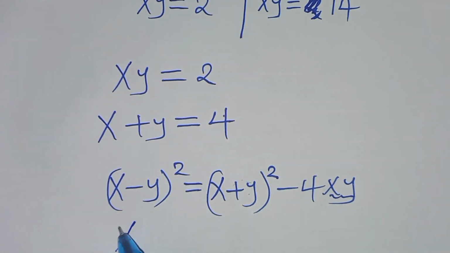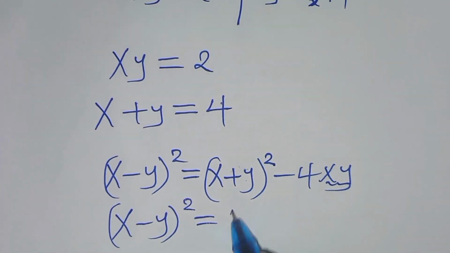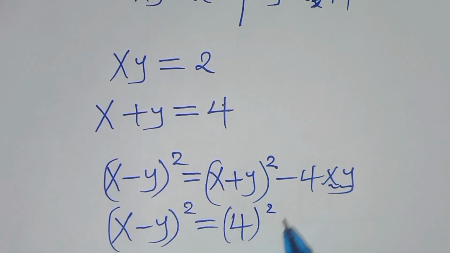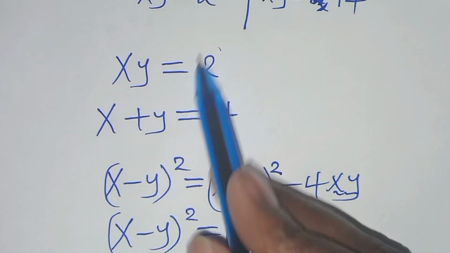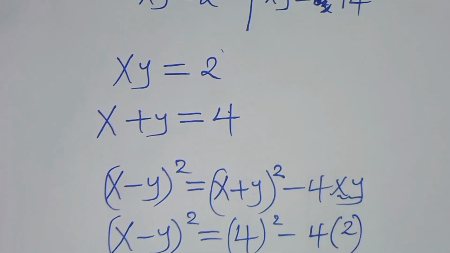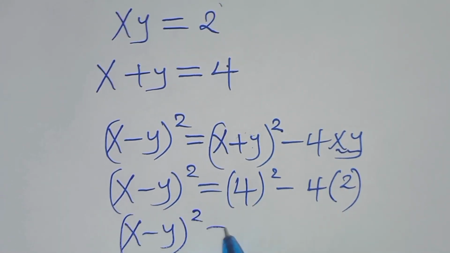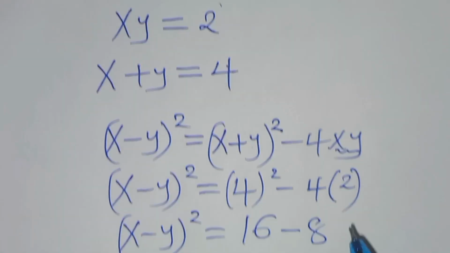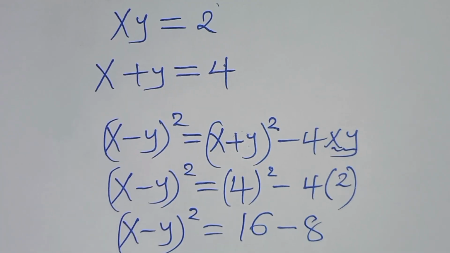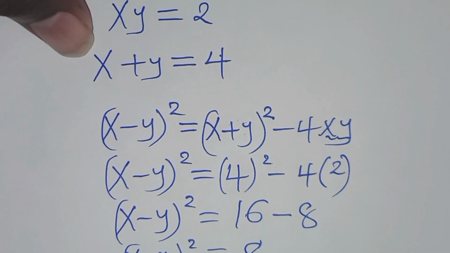So this implies that (x minus y) squared is equal to 4 squared, subtract 4 times xy, which in this case is 2. So (x minus y) squared is equal to 16 minus 8, which is 8.